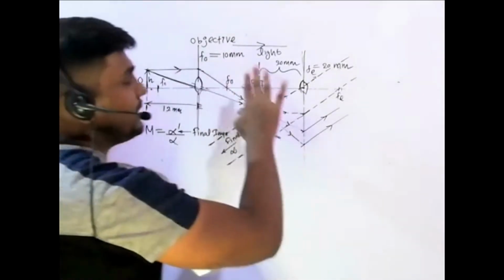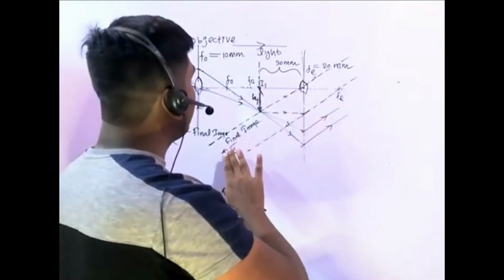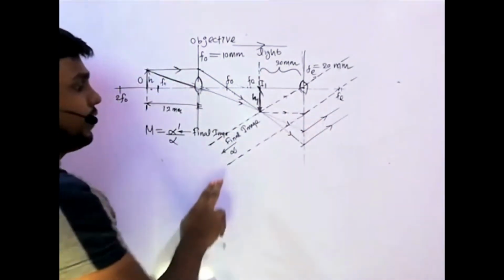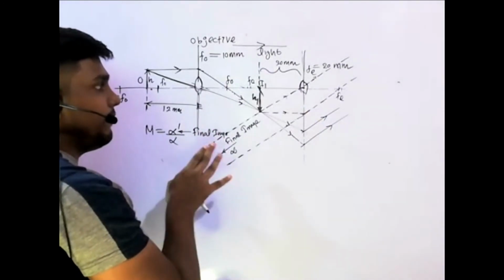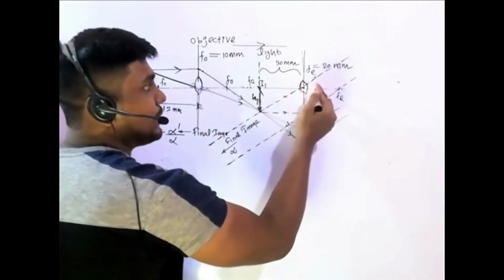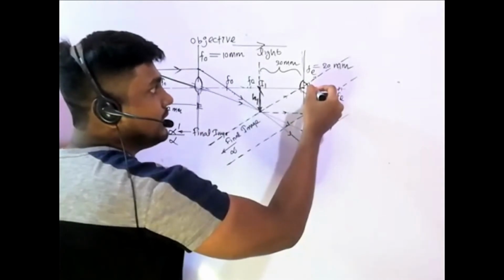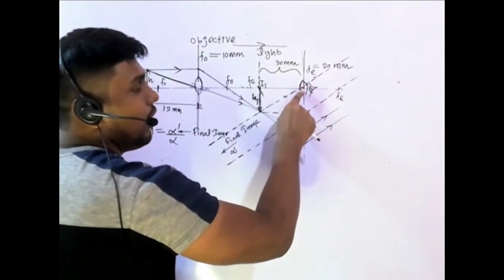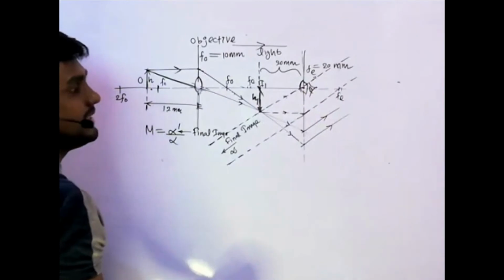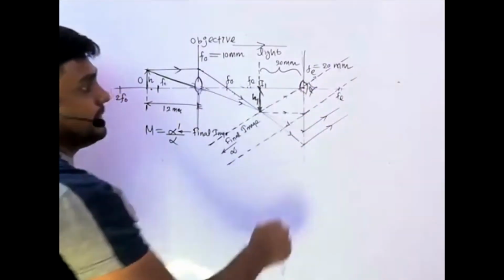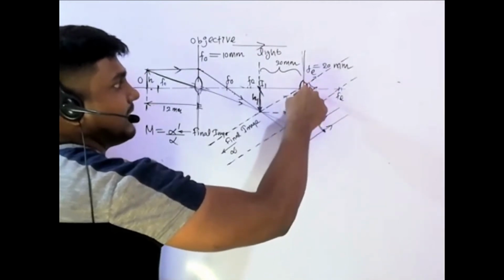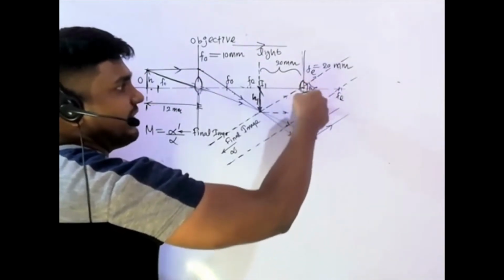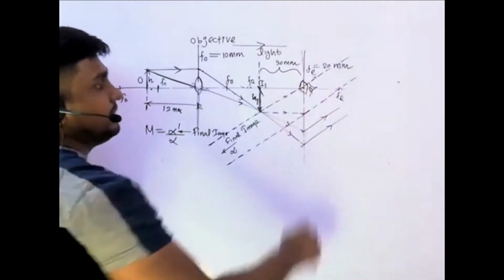We know according to this diagram, our final image is at infinity. When we use this microscope, we keep our eyes close to the eyepiece. That's why we call that lens the eyepiece. Therefore, we can think the eyepiece is located very close to the eye.